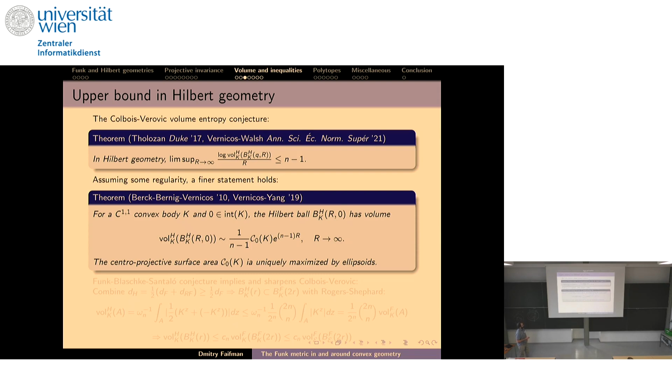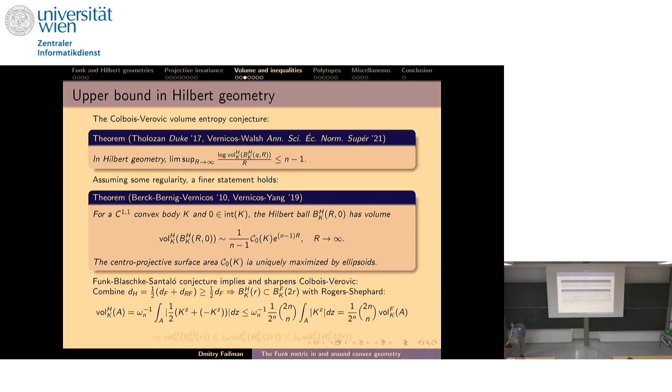And in this case, there is a recent theorem of Vernicos and Young that this coefficient, which is called the central projective surface area, because it comes from the Hilbert metric, which is projectively invariant, a slightly different integral, is uniquely maximized by ellipsoids. Okay, so this is all the evidence we have for the validity of the Funk-Blaschke-Santalo conjecture.